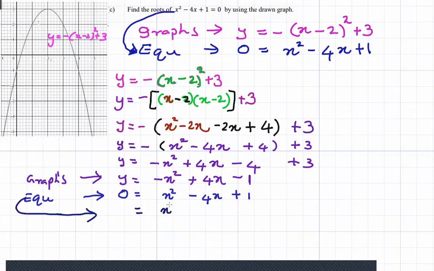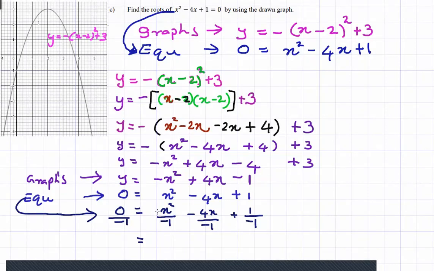X squared divided by minus 1 minus 4x divided by minus 1 plus 1 divided by minus 1, and 0 divided by minus 1. So then what do we get? X squared divided by minus 1. What's x squared's sign?